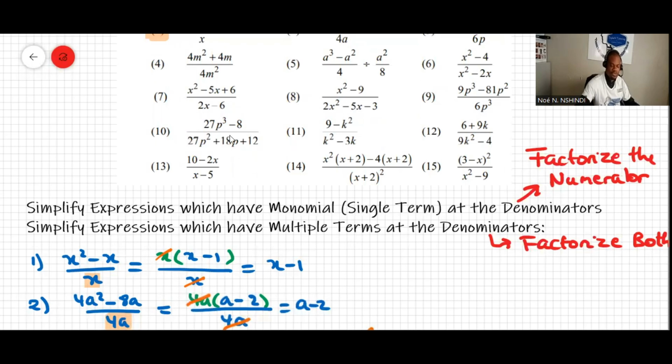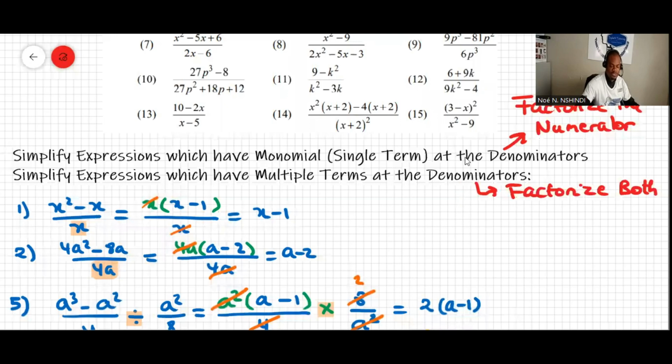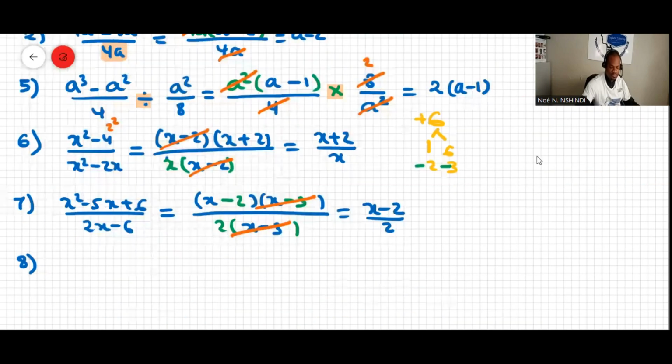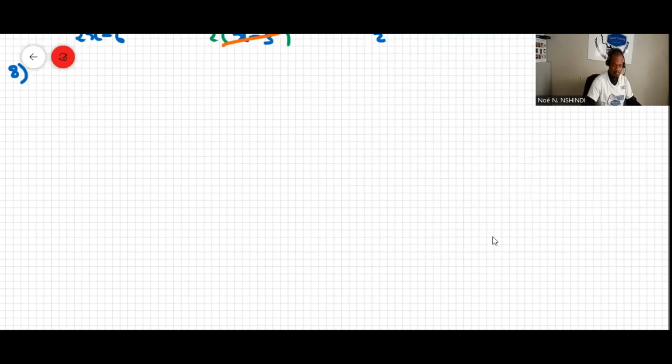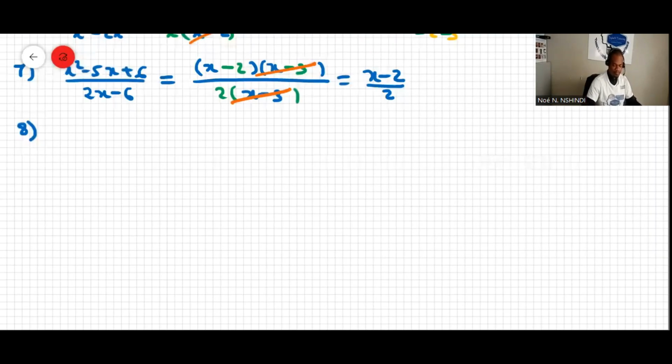27p cubed minus 8 over 27p squared plus 18p plus 12. Number 10. The numerator was 27p cubed minus 8, and the denominator was 27p squared plus 18p plus 12.